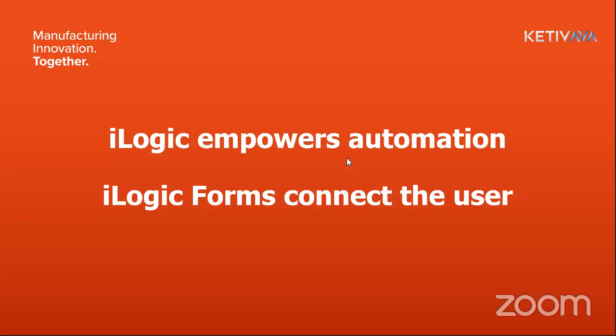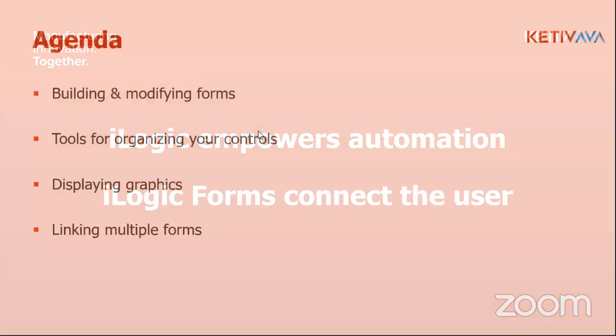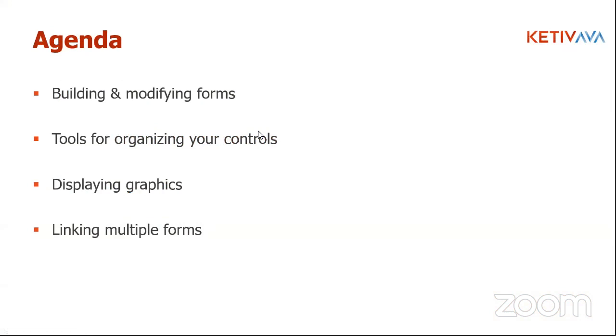We're going to cover all you need to know to build iLogic forms. We're going to go over all the tools in the kit, and I'm going to suggest some strategies for making the most of those tools. I think we should just jump right into it.